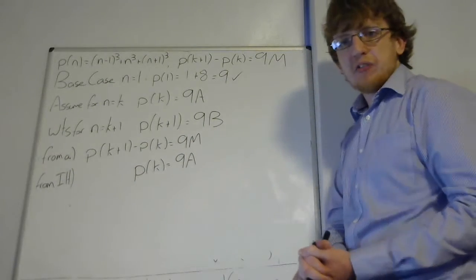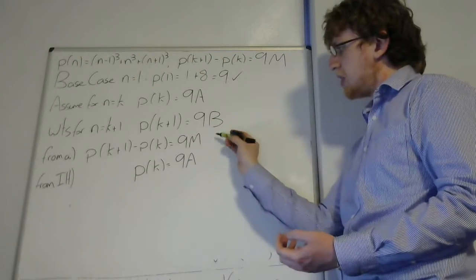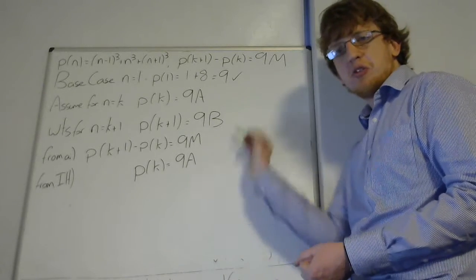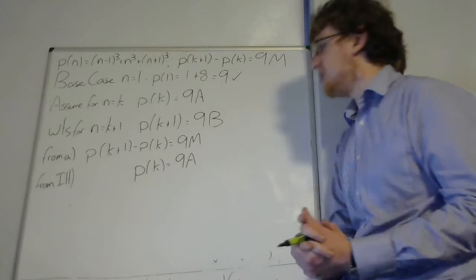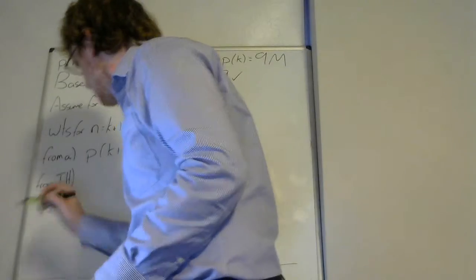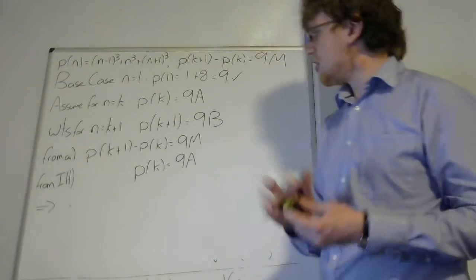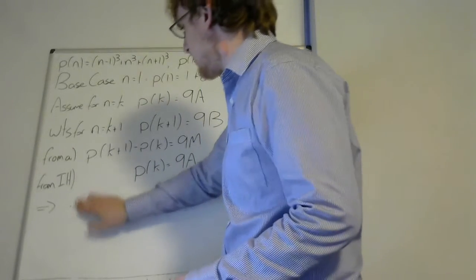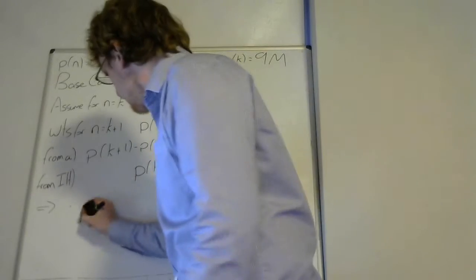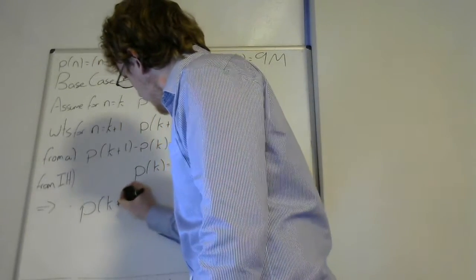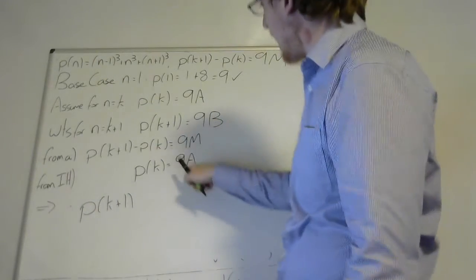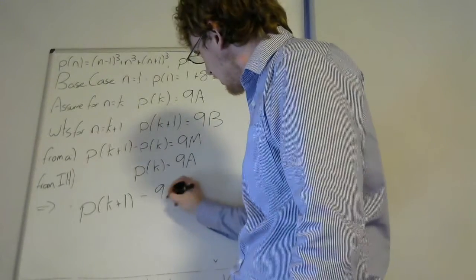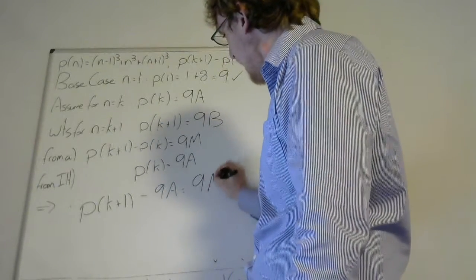So if we put those facts together, you could even call this equation 1 and equation 2, and you could say substituting 2 into 1, although you probably don't need to do that, that's overkill really. Just on a new line, if you wanted to, you could write the implies symbol. So putting those two facts together tells us that P of k plus 1 minus P of k, which is 9a, equals 9m.